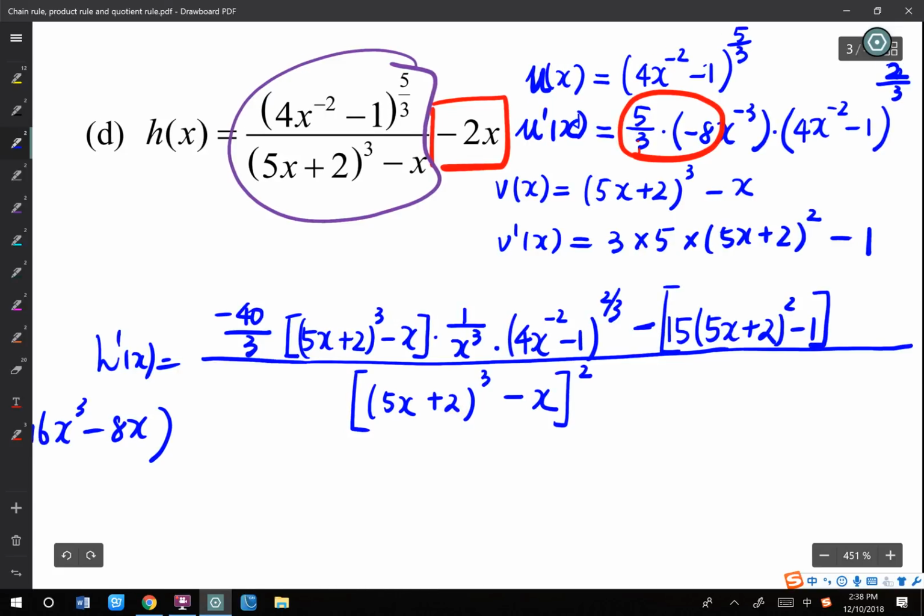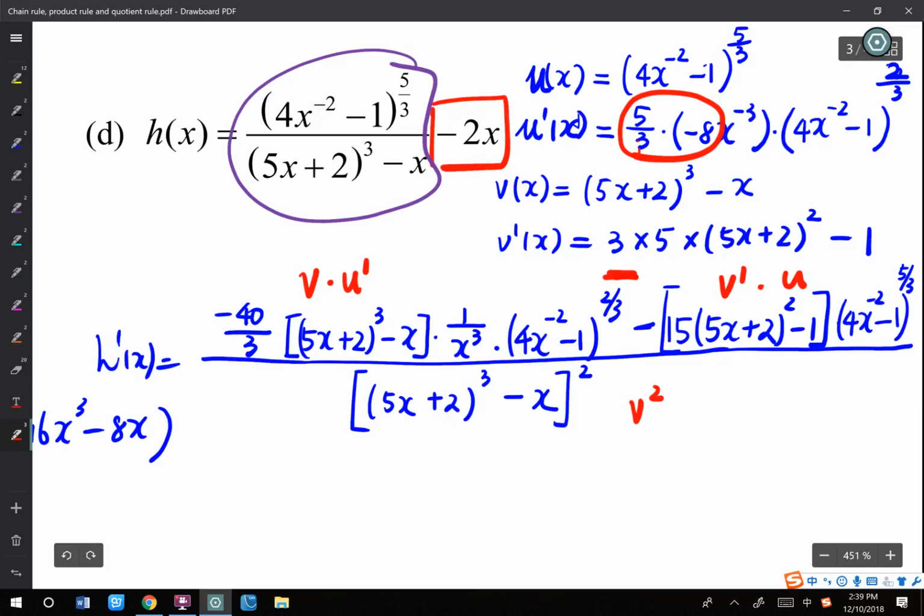I need to bracket that, and times with u is above: 4x minus 2 minus 1 to the power of 5 over 3. Okay, so what I have here is v squared. This is v times u dash minus v dash times u. Okay, that's the derivative. That's the minus in between.